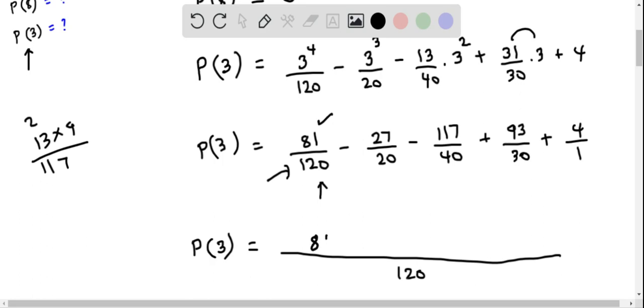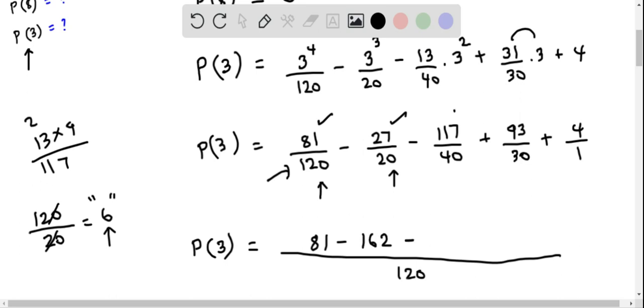We just put this as it is, minus in the second fraction the denominator is 20, and this means compared with the least common denominator, 120 goes into 20 as 6 times, and this means we have to multiply this number 27 with 6. So it is 27 times 6, and this equals 162. So I put negative 162 here.